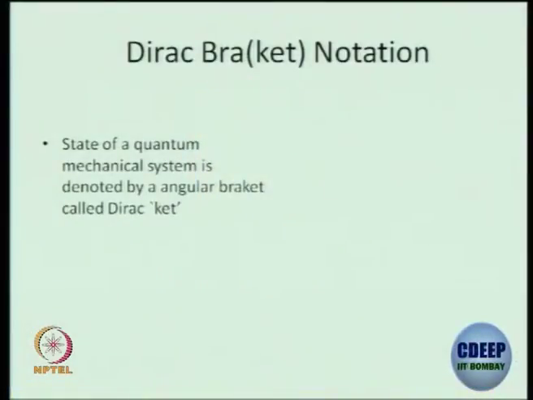The state of a quantum mechanical system is denoted by this kind of angular bracket, which is called Dirac notation. Let me try to introduce this for you.